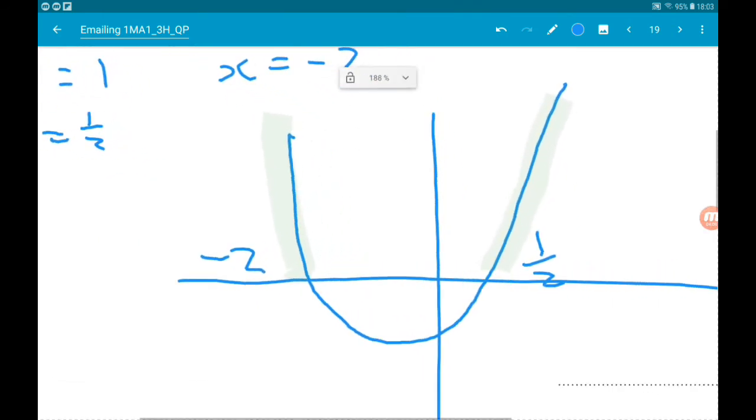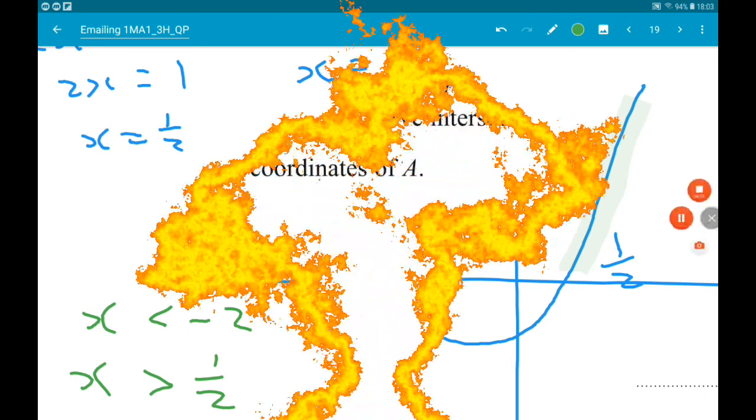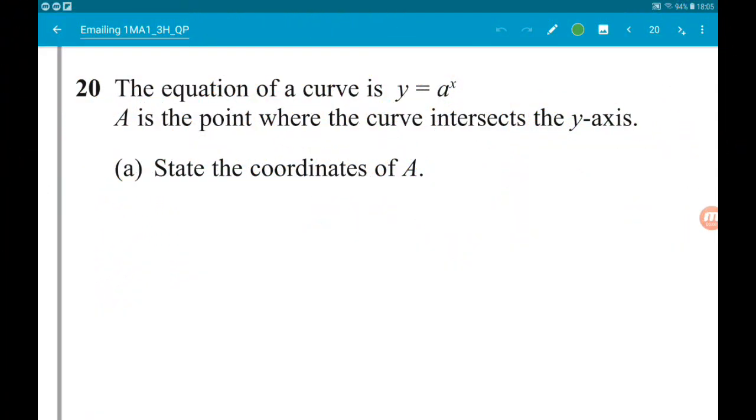So we want x is less than minus 2 or x is greater than positive 1/2. Boom.